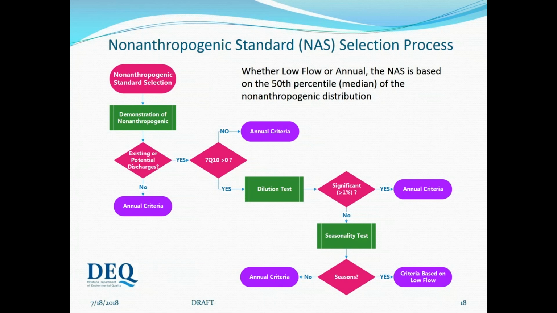And if there is seasonality, and I'll show you an example of this shortly, so it'll become a little more clear, then we can default to a low flow criteria based on the 9 months, because since the flow is not very significant and there's not a large volume of water going into the Yellowstone River, the possibility of changing the median flow condition is quite limited, and so therefore a criteria based on just the 9 months of low flow will be given. Now, if there isn't seasonality, then we just default to the annual criteria.